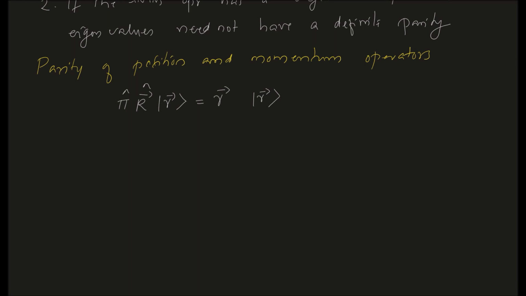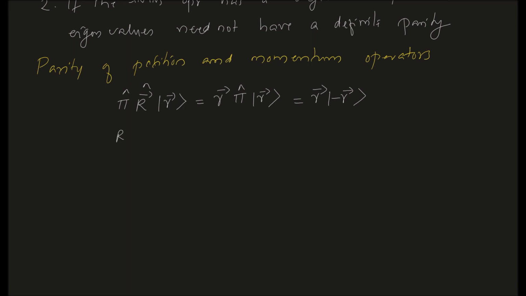Now what happens when a parity operator acts on it? When the parity operator acts on the same ket, then by definition of the parity operator, this will give us minus r. So this is r, and what it gives is the inversion by the action of the parity operator.